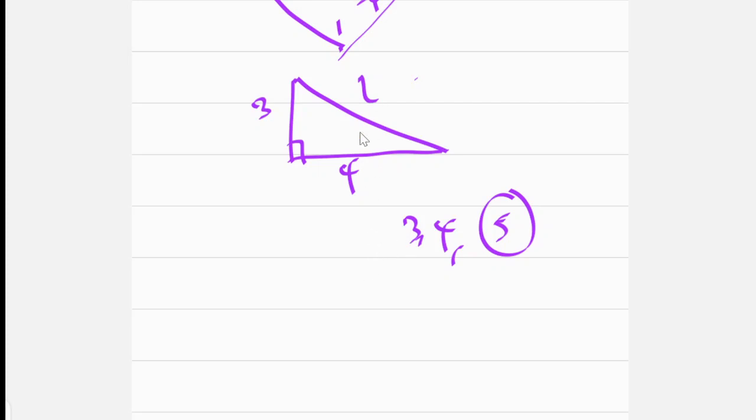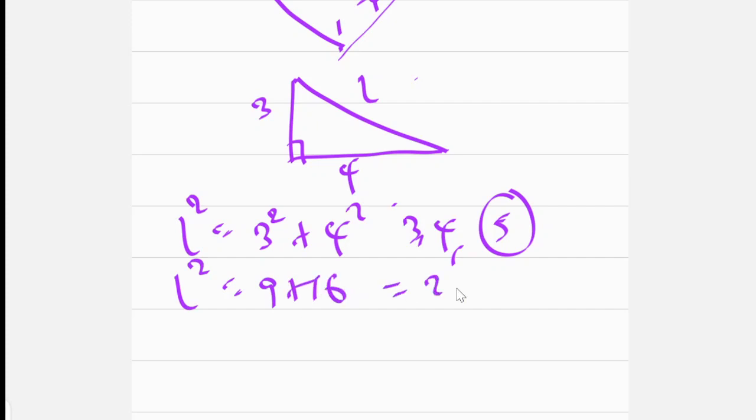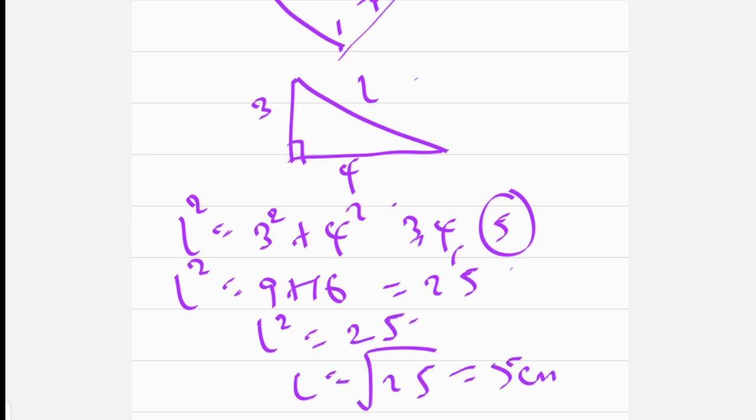But if you want to find it, don't forget the square of hypotenuse is equal to the sum of the squares of the other two sides. That is 9 plus 16, which is 25. L square is equal to 25. L will now be square root of 25, which is equal to 5 centimeter.